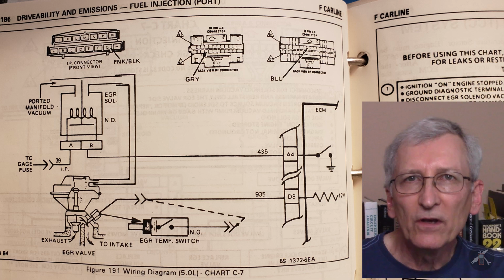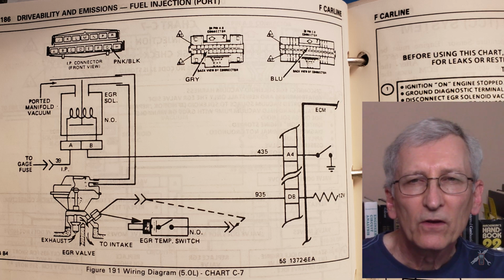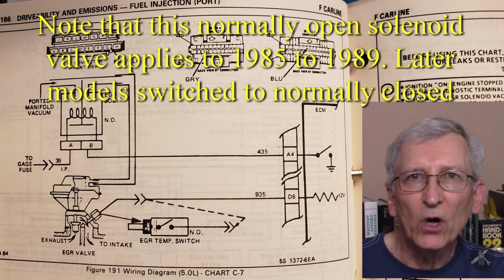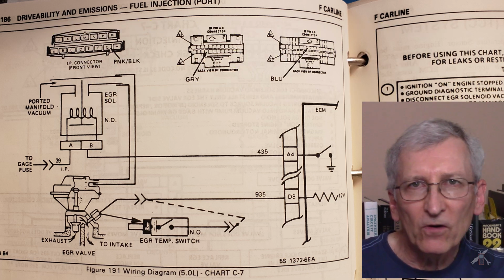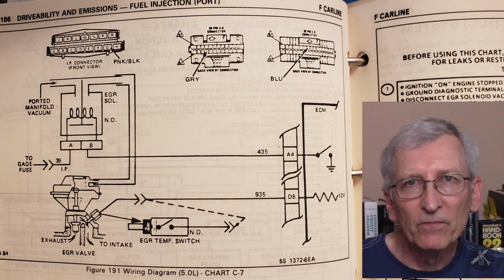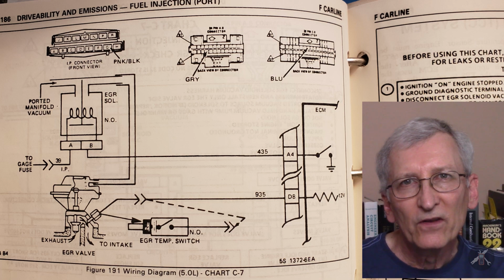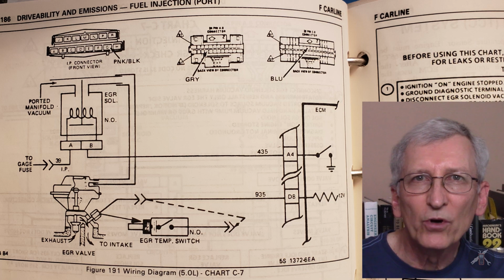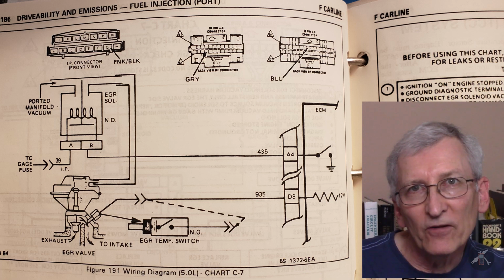The interesting thing is that the solenoid that drives the EGR system in this set of cars is a normally open system. And so if you don't have any power on it, it should have vacuum on it. So when you fire the car up and it's in park, the system needs to put a duty cycle on the EGR system and basically turn the valve off.